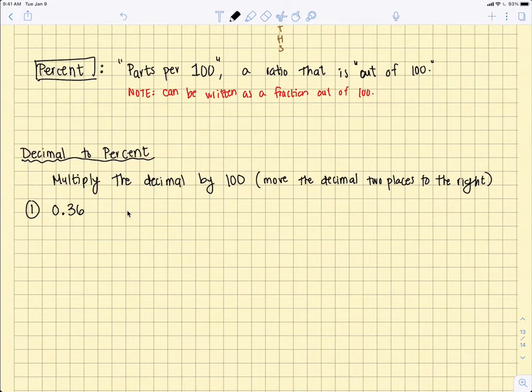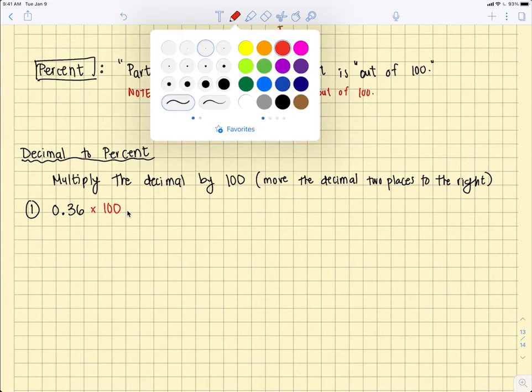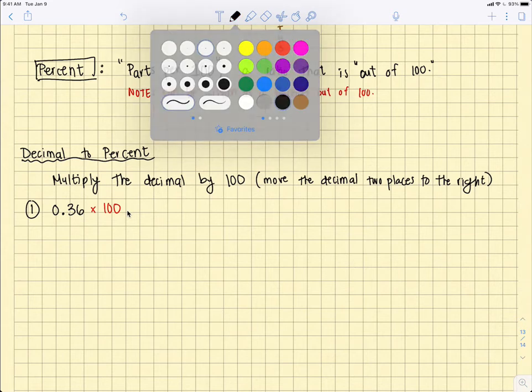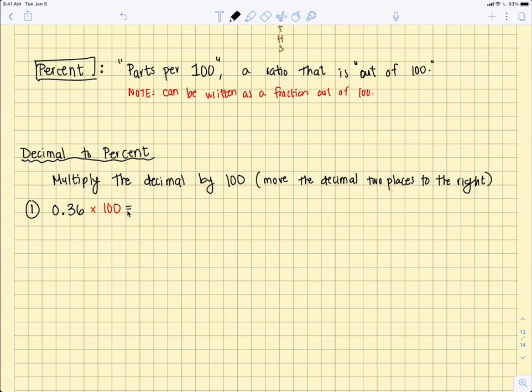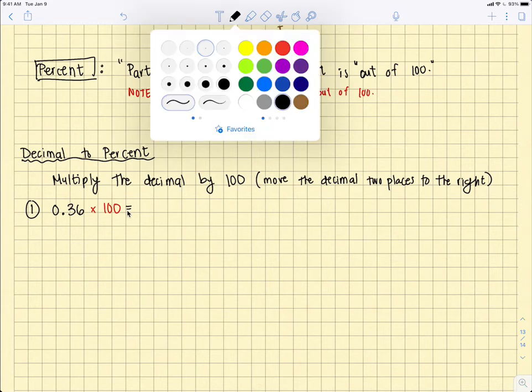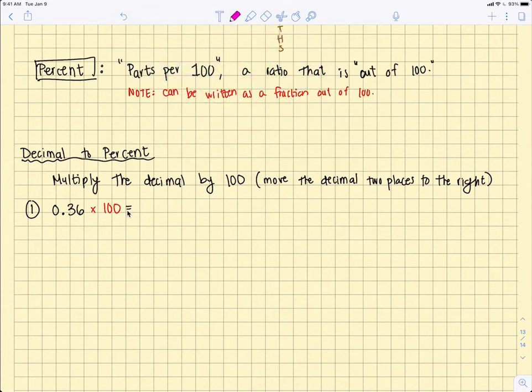In order to change this into a percentage, I'm going to multiply the decimal by 100. If you type this into your calculator, you'll notice that we are taking the decimal point and moving it 2 places to the right. So our answer is 36%.